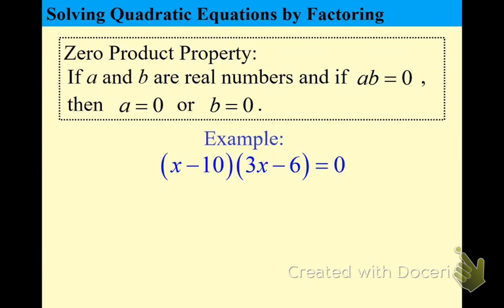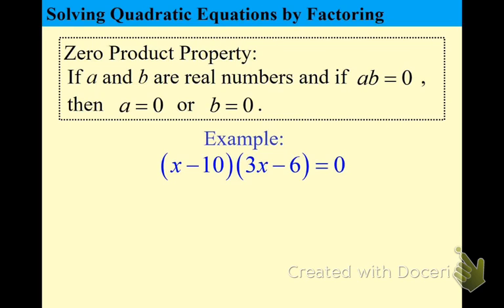You have parentheses x minus 10, end of parentheses, parentheses 3x minus 6 equals 0. I said if you let it be simple because I saw some kids trying to FOIL this. That makes it so much more complicated, because you're going to end up factoring again.